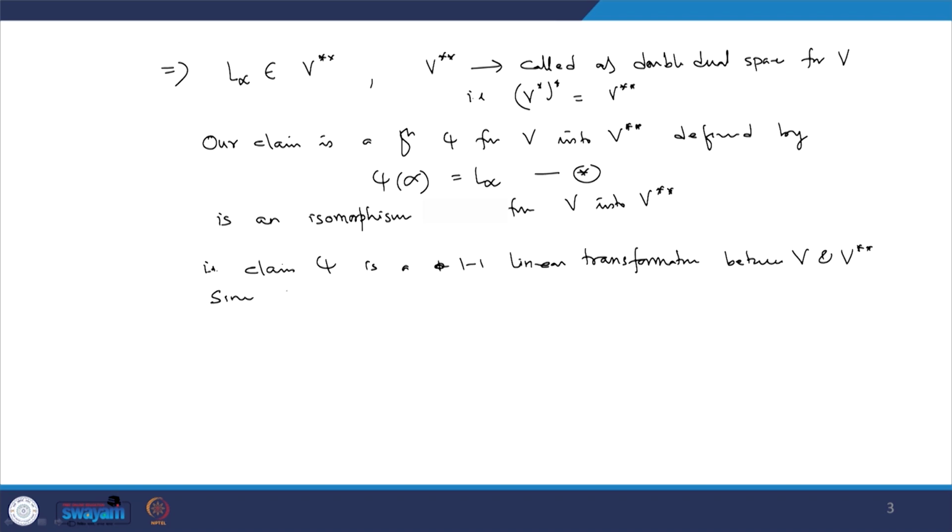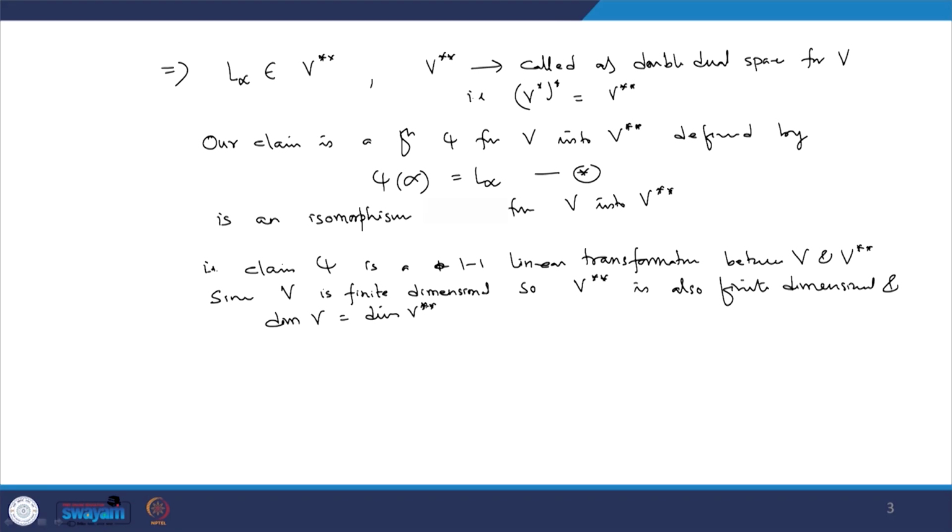Since V is finite dimensional, V star star is also finite dimensional, and dimension of V equals dimension of V double star.